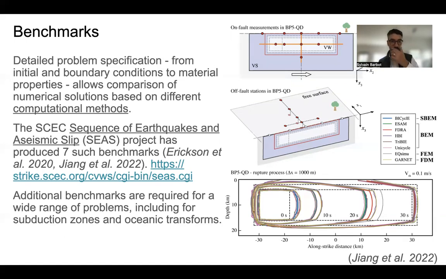And so I invite you to participate in these benchmarks. The link is available there. Contact the leaders of this working group and contribute with your code. But additional benchmarks are required to test a wider range of problems that are relevant to different tectonic contexts, subduction zones, continental transform, oceanic transform, so that we can test different physics and different boundary conditions.